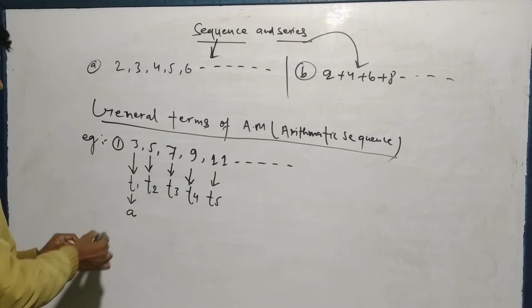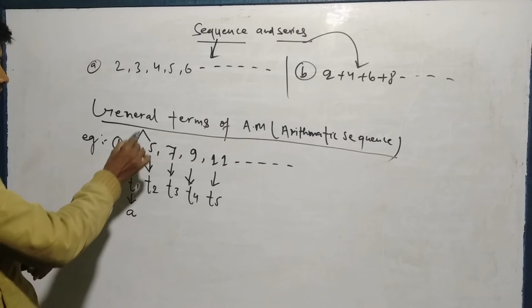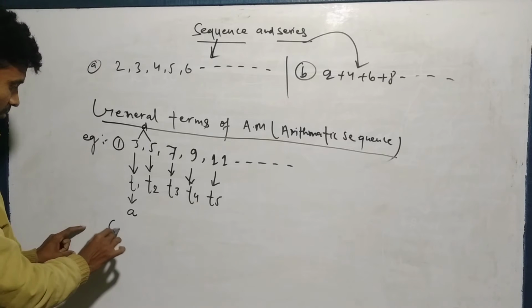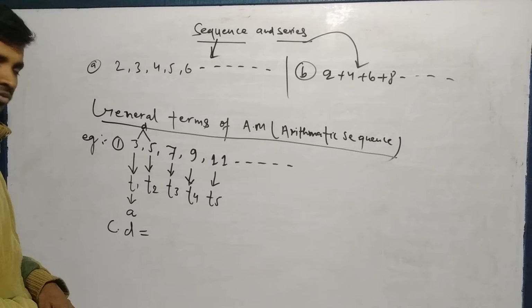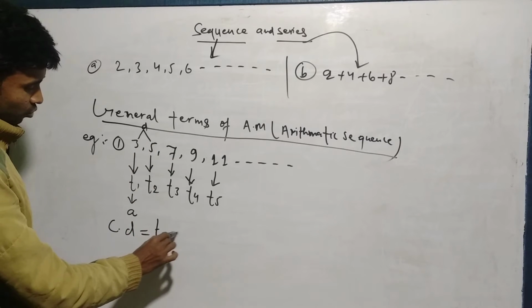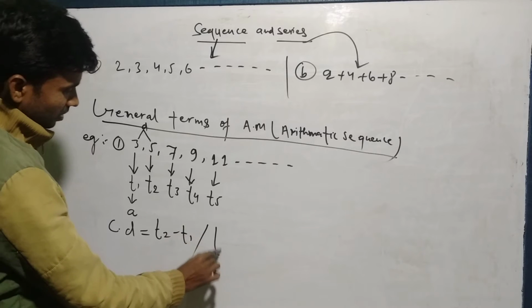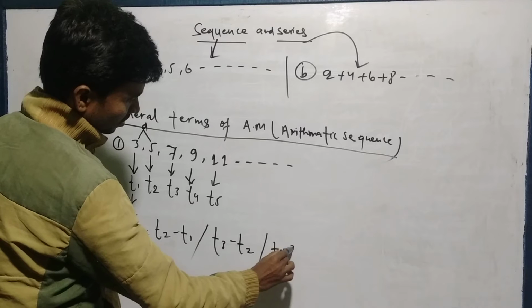So the difference between two terms is called the common difference, CD. So what is the common difference of the given sequence? How can you find it? T2 minus T1, otherwise T3 minus T2, otherwise T4 minus T3.